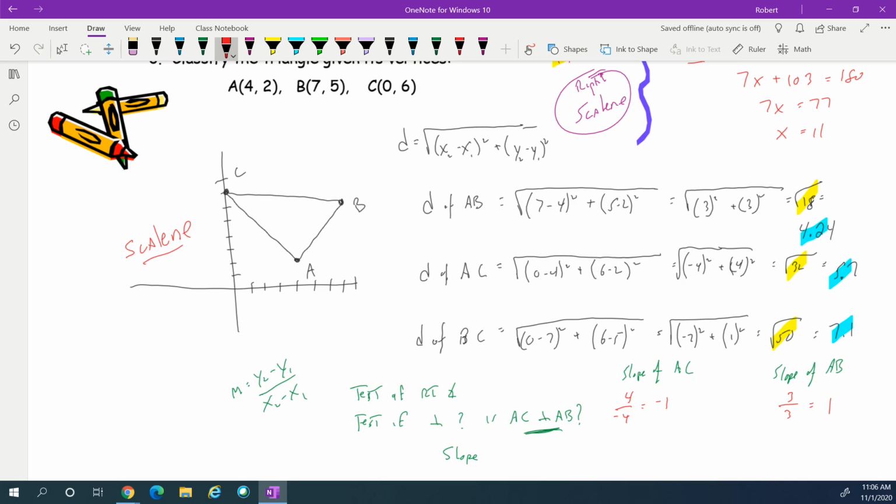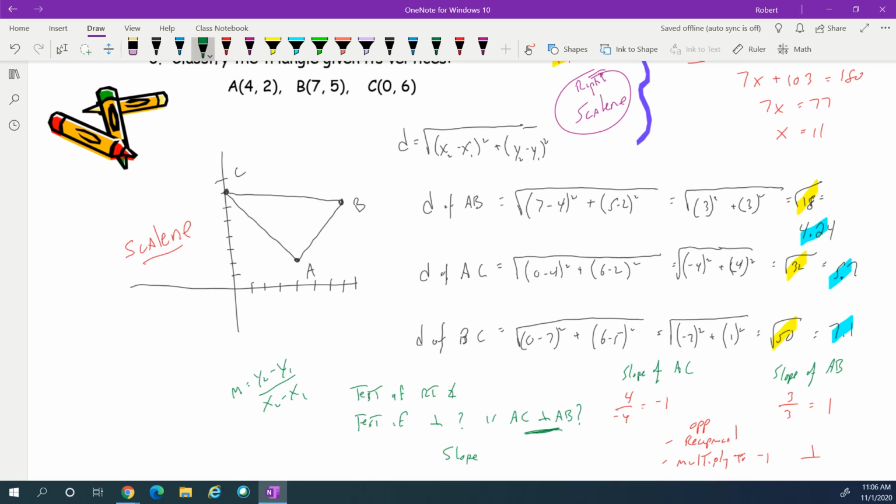And we have a slope of 1. Well, it is going uphill, so positive makes sense. But these are opposite reciprocals. Right? They multiply to a negative 1. These lines are perpendicular.